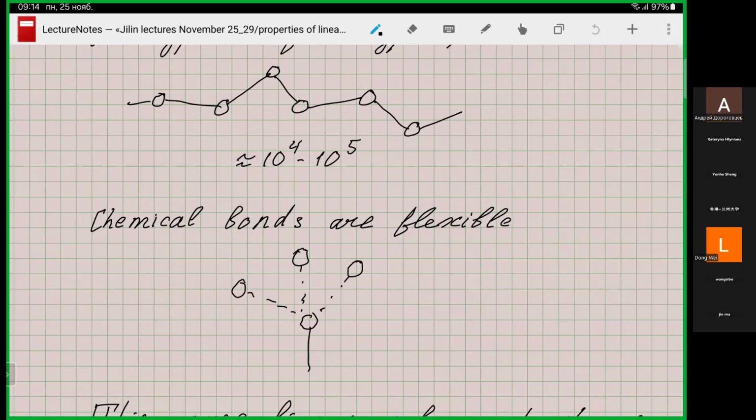You know that every physical system wants to get the state with minimal energy. It occurs that when we consider a pair of monomers which are related one to another by a valent bond, there are several, usually three, positions in space, oriented in space, where this connection gets minimal energy.